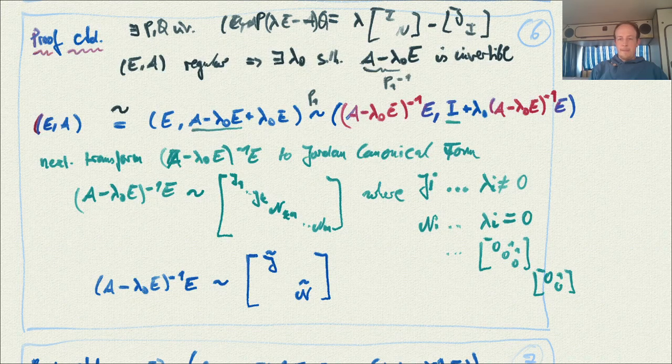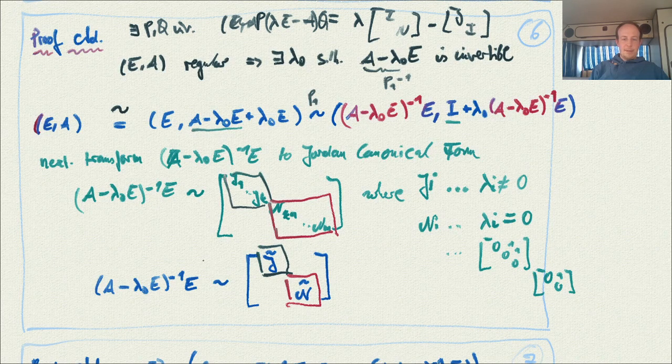But now these blocks are all Jordan canonical form. So this is the Jordan canonical form of this A minus lambda 0 E to the -1 E. What we do is collect all the 0 blocks in here, and the non-zero blocks in here.